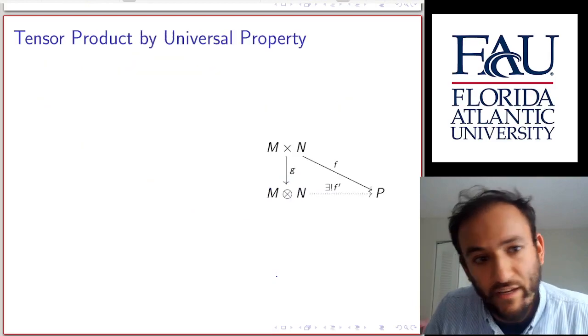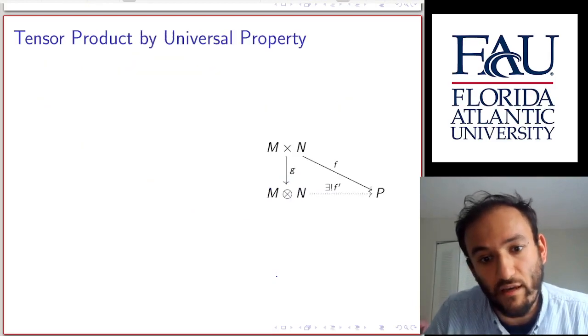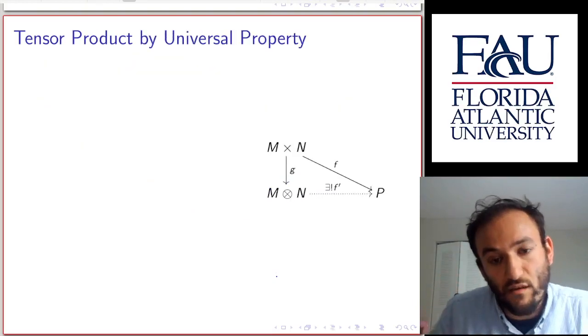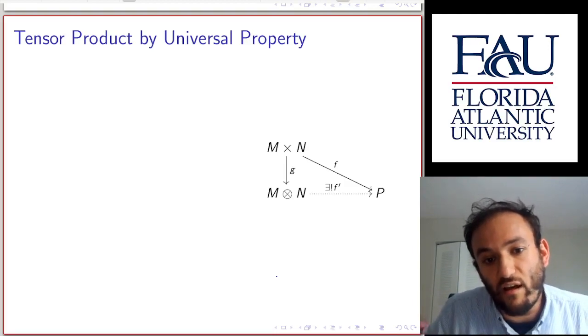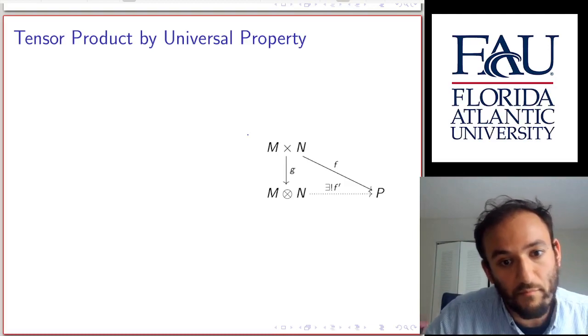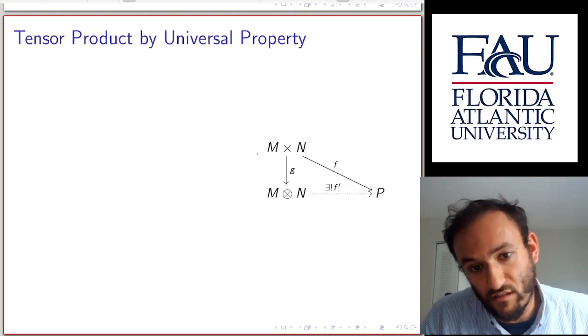You can also define it in terms of a universal property, and we've spoken a little bit about this in some of our problem sessions, how to define an object by a universal property. But here's the diagram associated to the tensor product.